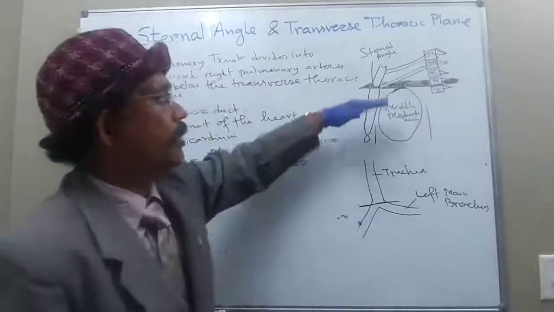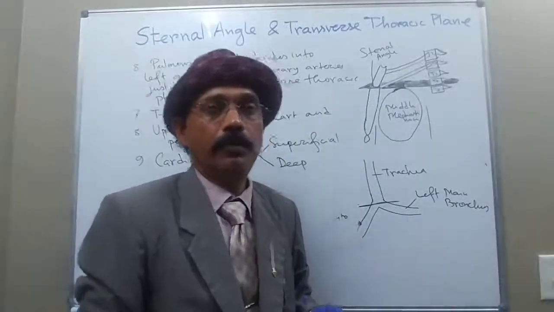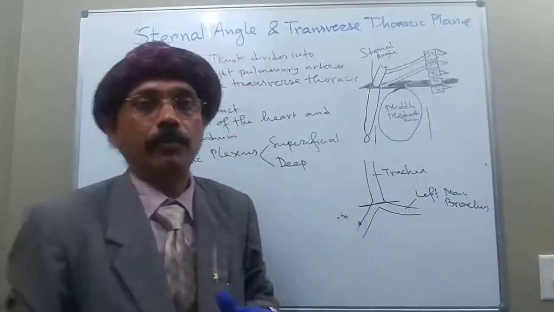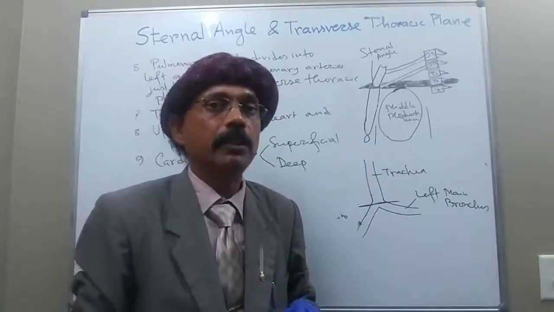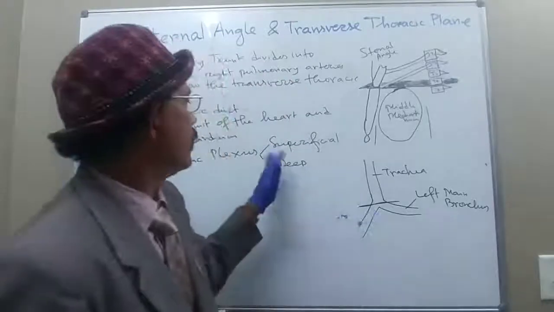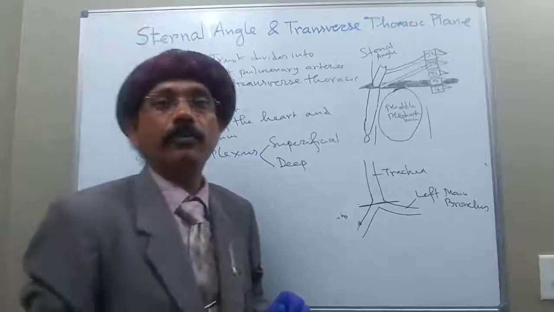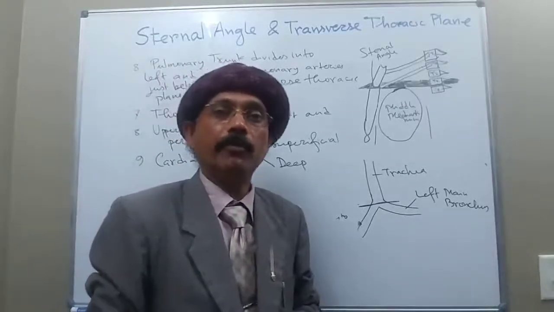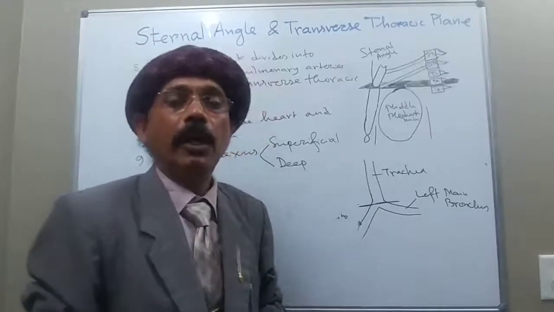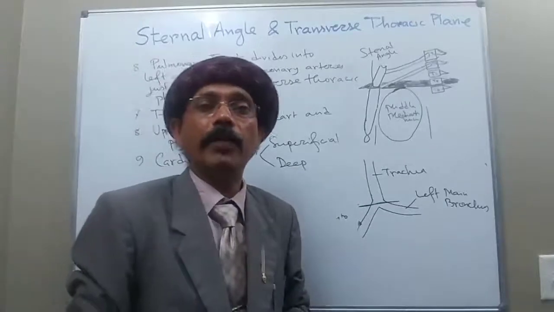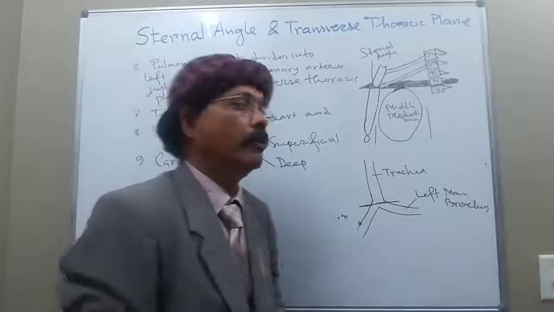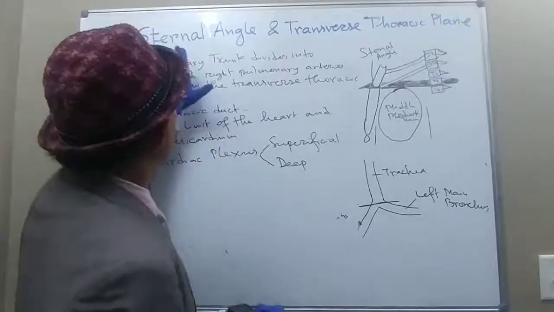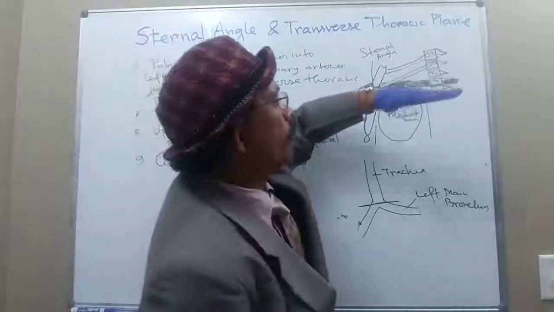These are present at this level, okay. One is just below the arch of the aorta, another is just below the bifurcation of the trachea. This is an autonomic plexus. It contains sympathetic fibers from the sympathetic chain of ganglia and parasympathetic fibers from the vagus nerve and the recurrent laryngeal nerves, okay. So all these structures are present at the transverse thoracic plane.